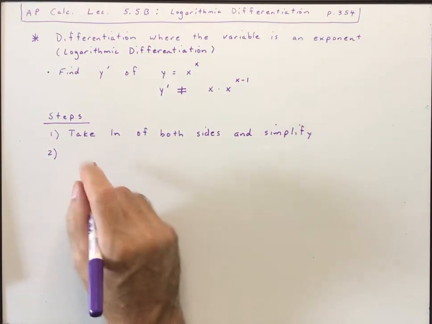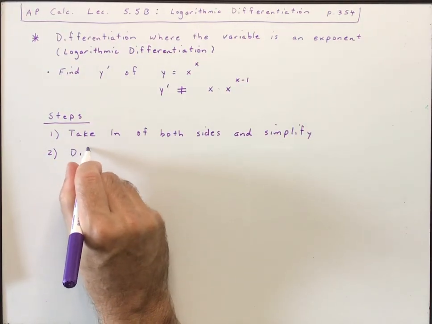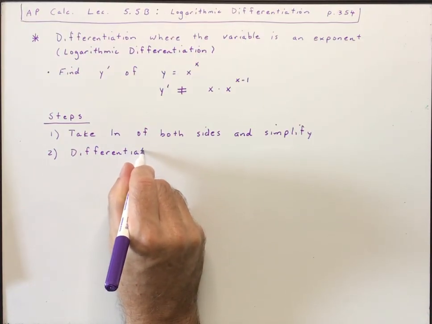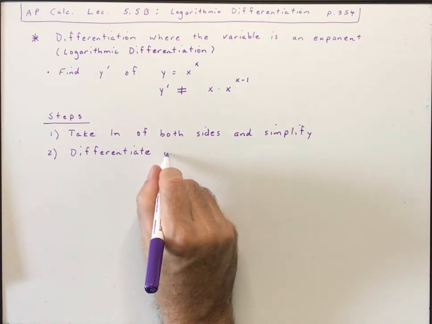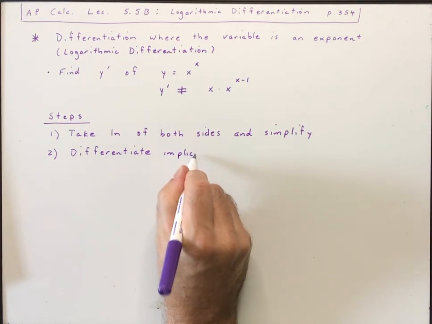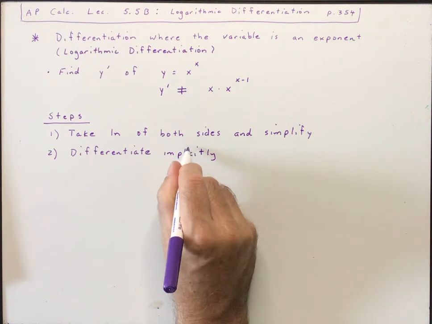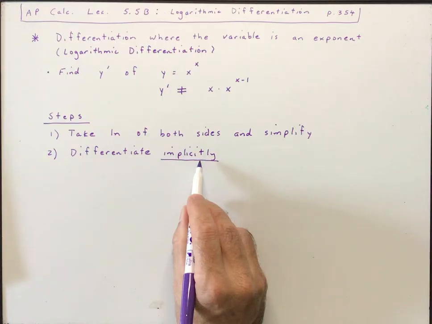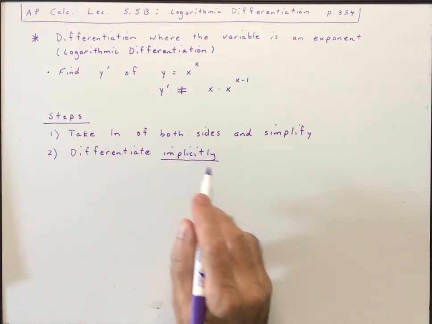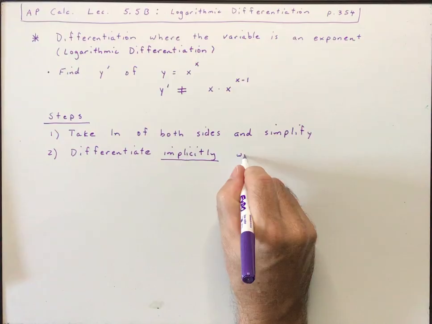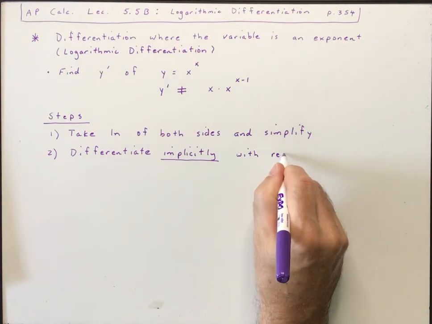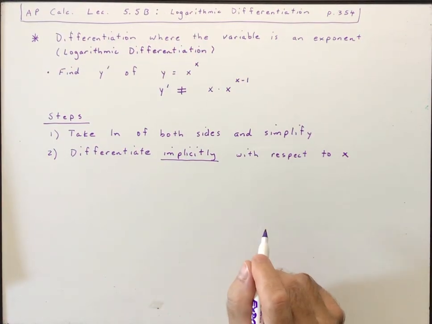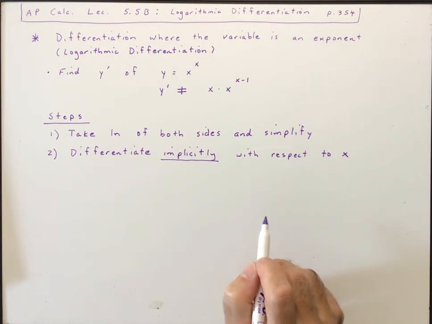Step 2, we're going to differentiate implicitly. Implicit differentiation, we did that in section 2.5 and 2.6, you might remember, with respect to x, or whatever the dependent variable is.